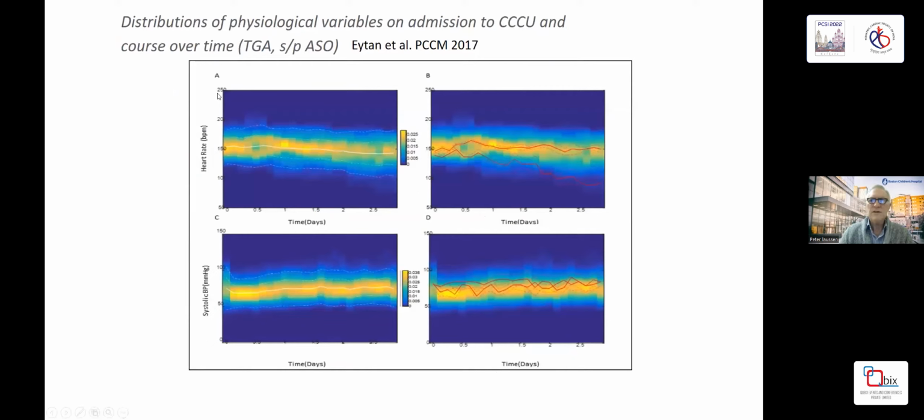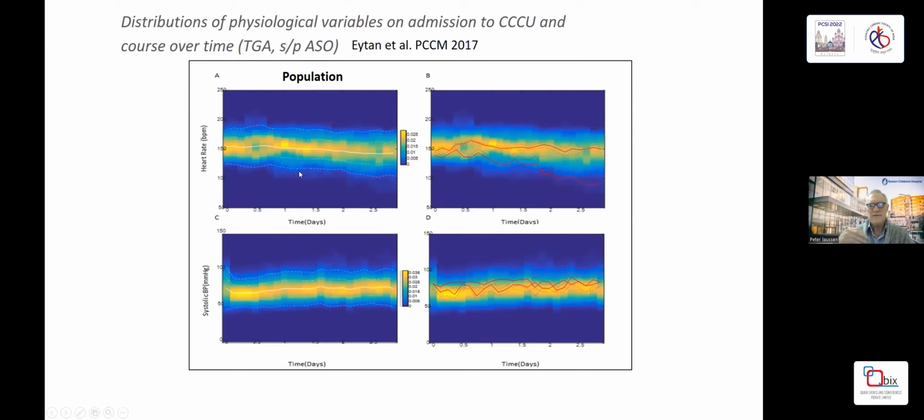Now, I mentioned the aspect of population versus the individual, and I'm going to use one example here in a group of patients with transposition of the great arteries who were status post an arterial switch procedure at Sick Kids. In this first column of images is heart rate and systolic blood pressure for the entire population.